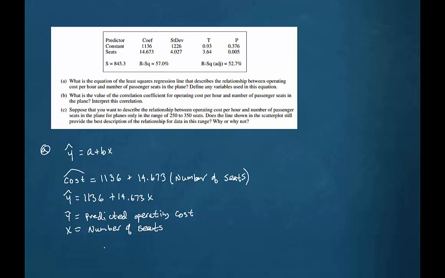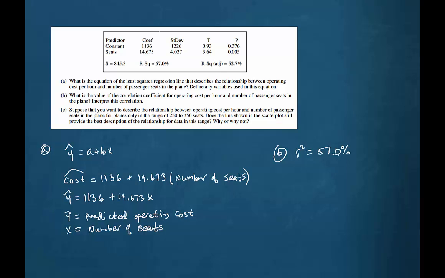The B part says, what is the value of the correlation coefficient for operating cost per hour and number of passenger seats in the plane? Interpret this correlation. So for the B part, what we're given is r squared, and we're given that it is 57.0%.